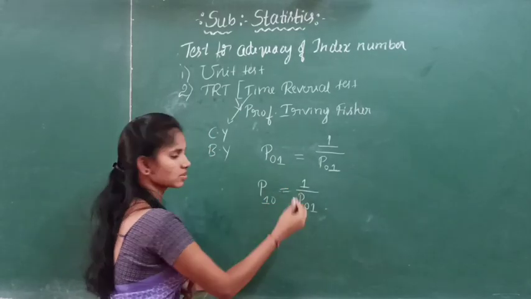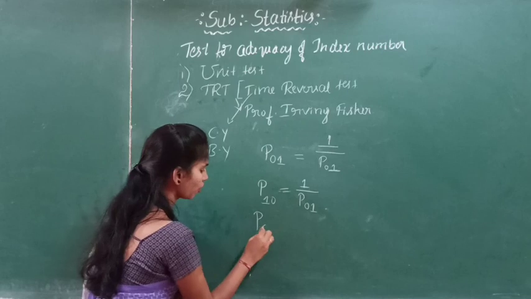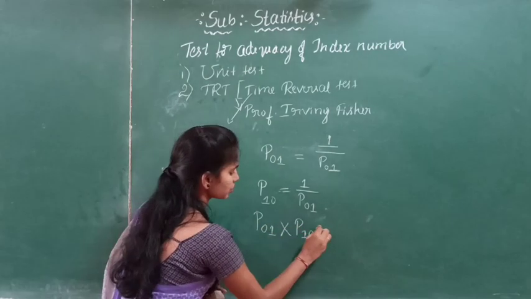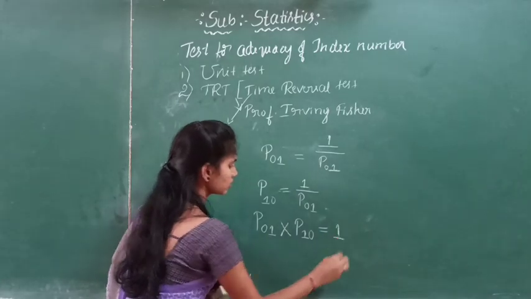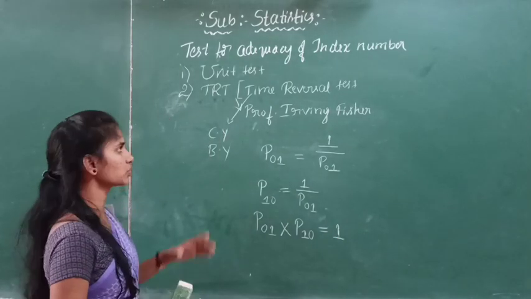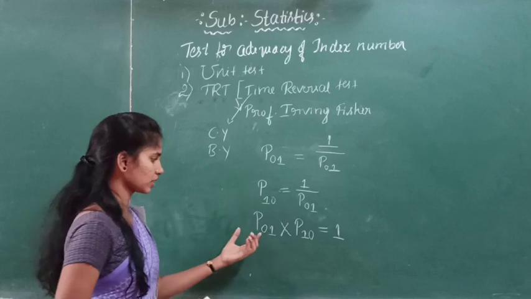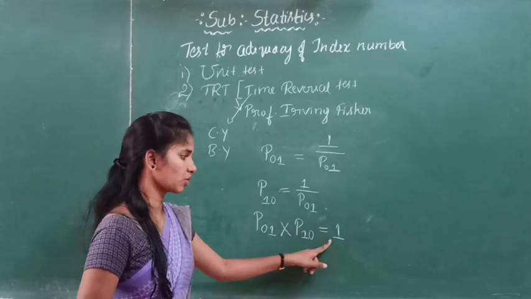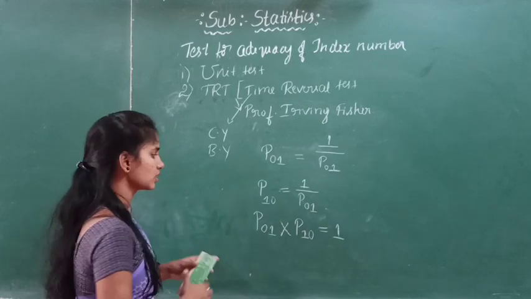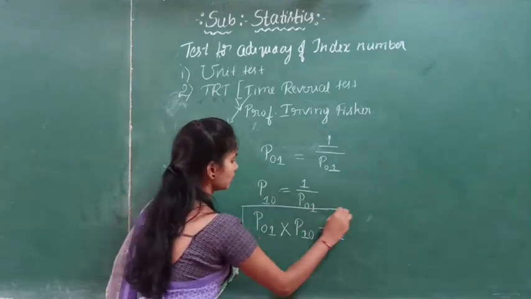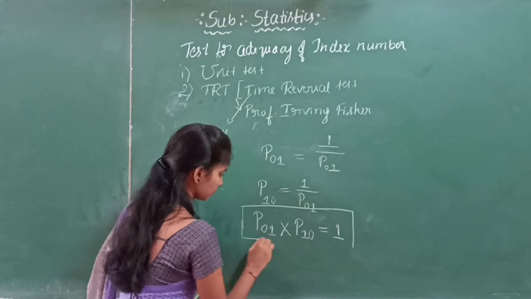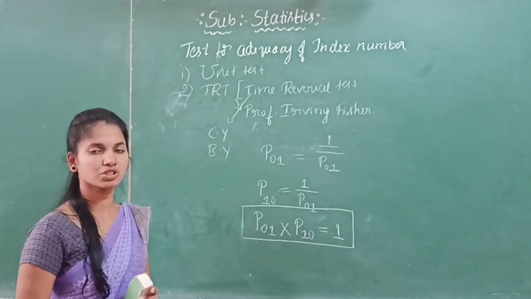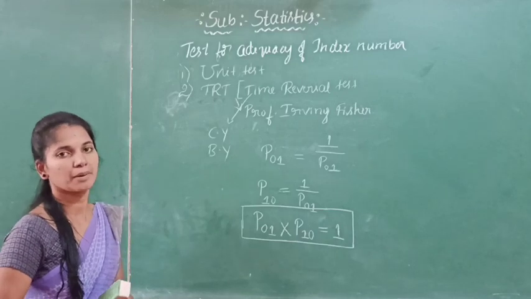After that, the next step is P01 into P10, which is equal to 1. This is the equation related to the time reversal test. The main point is that the time reversal test is not expressed in terms of percentage.